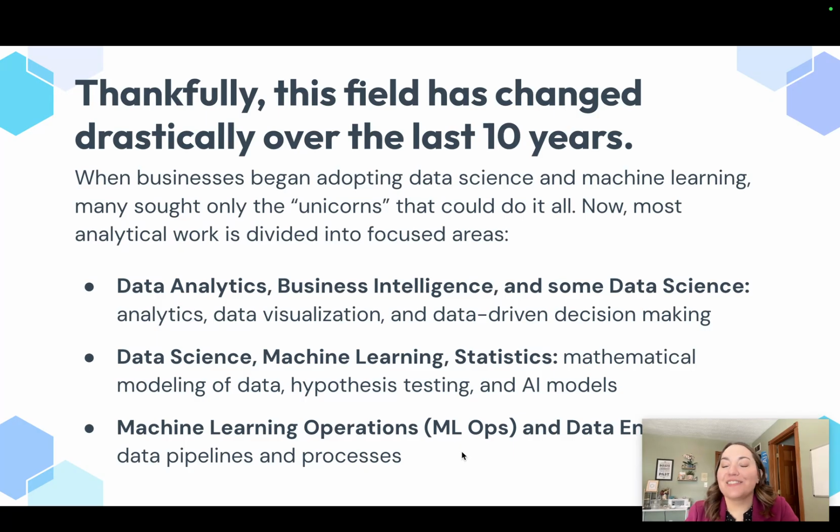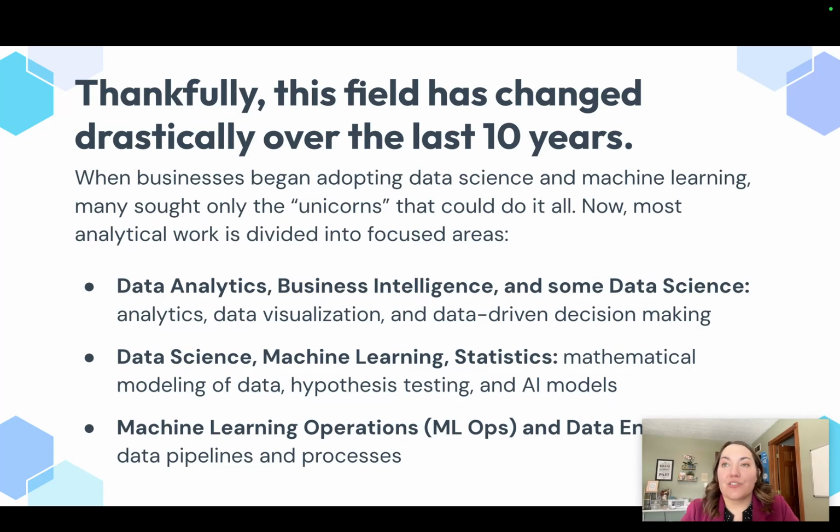And then finally, we have these wonderful people in machine learning operations, ML ops, and data engineering that are dealing with the data pipelines and processes. They don't need to understand the hypothesis testing and analytics piece. It's nice if they do, but we need them to understand how data moves about on all these servers. We need them to understand the ETL process: extract, transform, load.